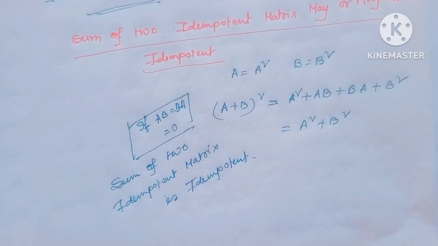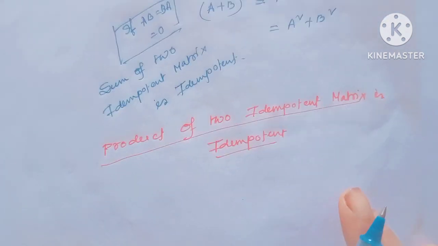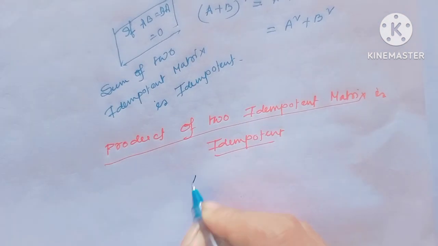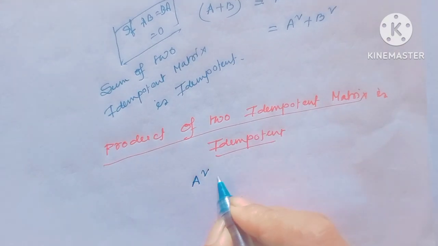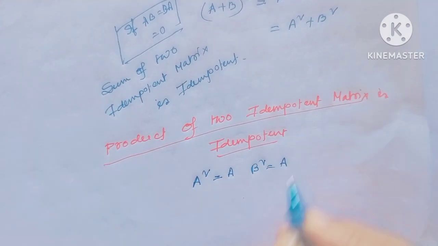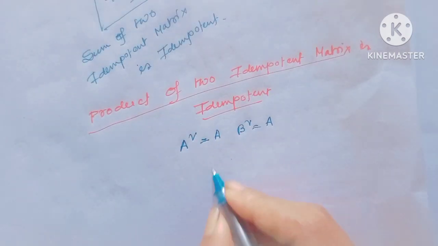Next, the product of two idempotent matrices. The product of two idempotent matrices is not always idempotent. Here A and B are two idempotent matrices, so A square equals A and B square equals B. For their product, we have to show (AB) whole square equals AB.